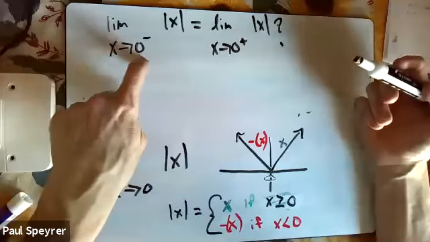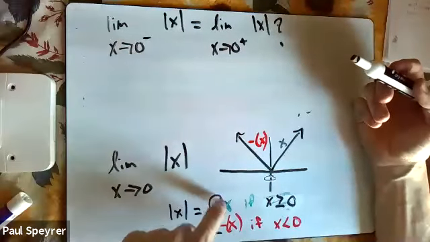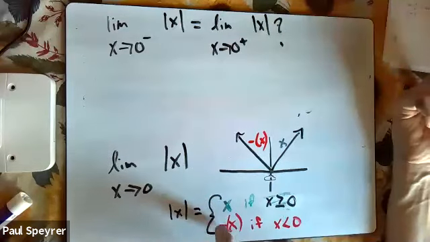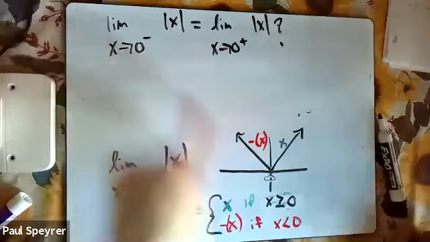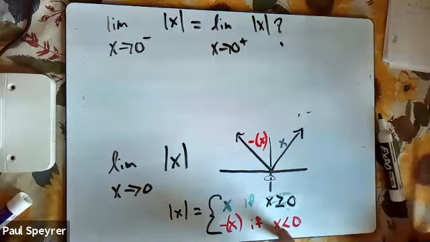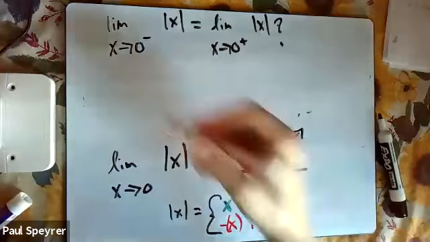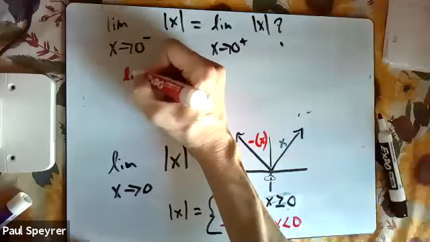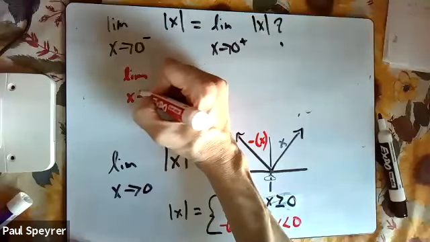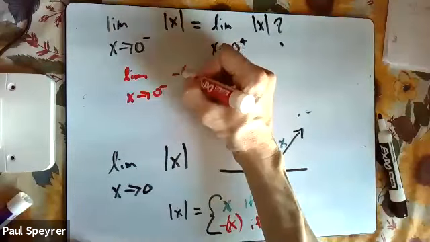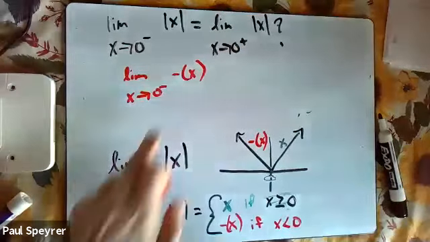Well, remember, from the left-hand side of 0, which function are we going to use? The green one or the red one? You're going to use the red because that says x is less than 0. That's the stuff to the left, coming from the left of 0. So this is the limit as x approaches 0 from the left of negative x. That's what we're going to be looking at.